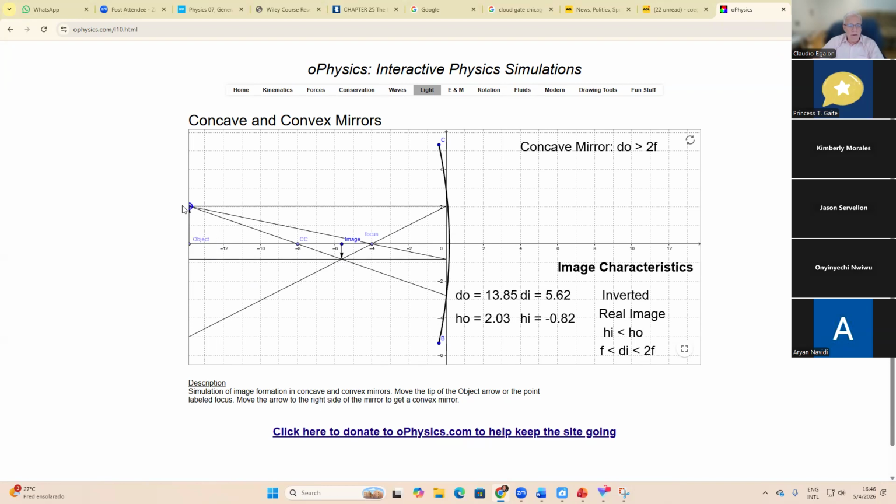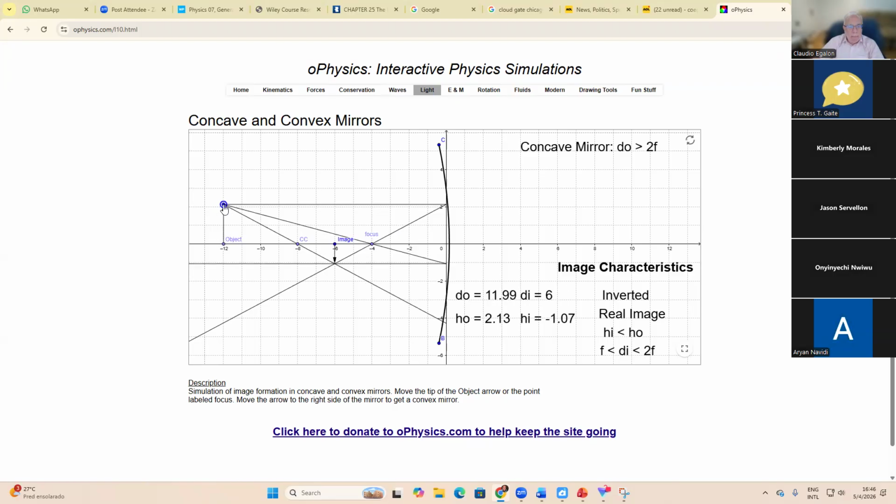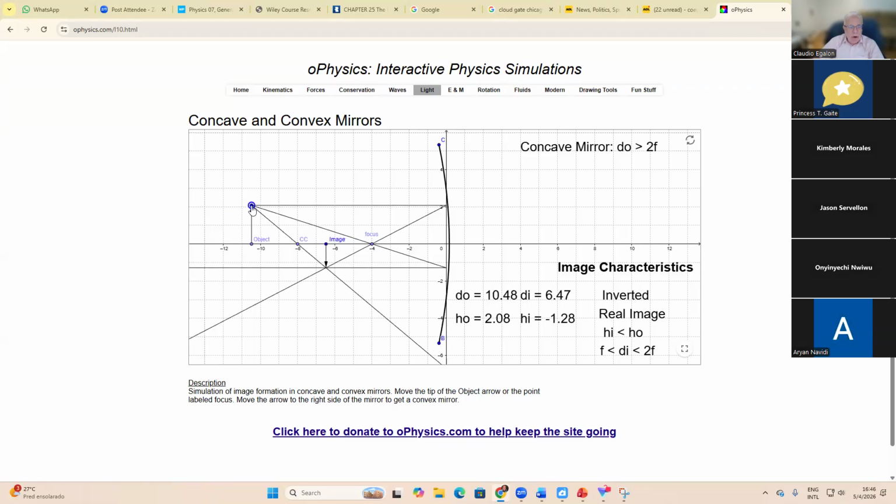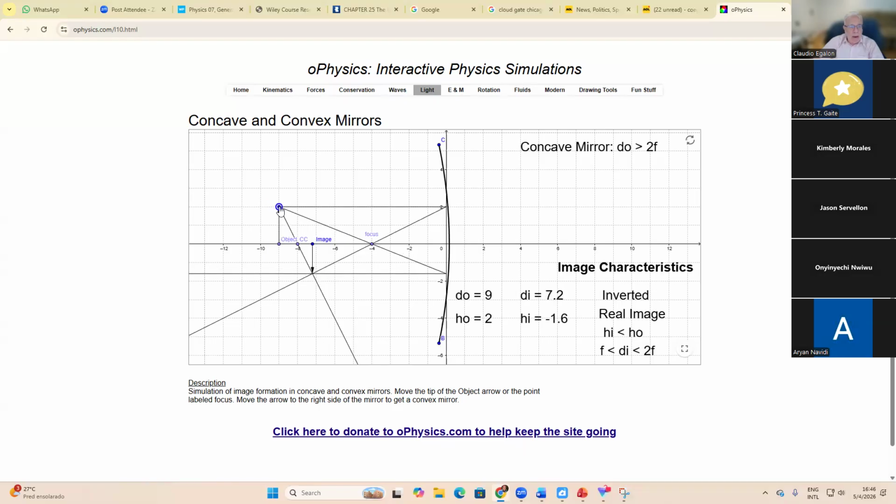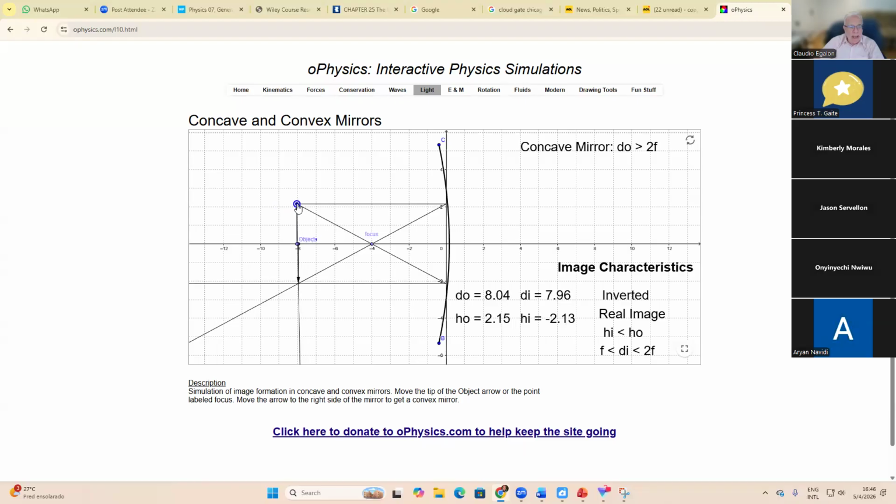Notice that as the object approaches the mirror, the image is formed further and further away from the object. At the center of curvature, the image is upside down and has the same size.